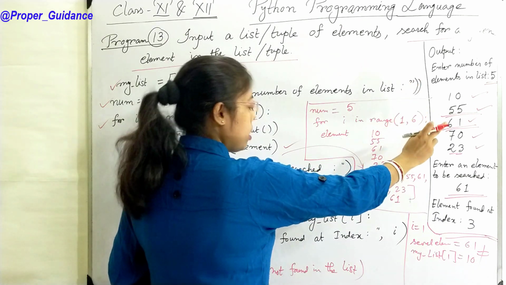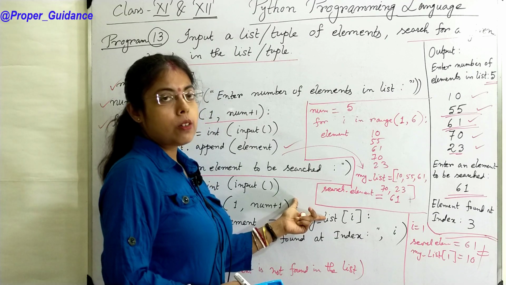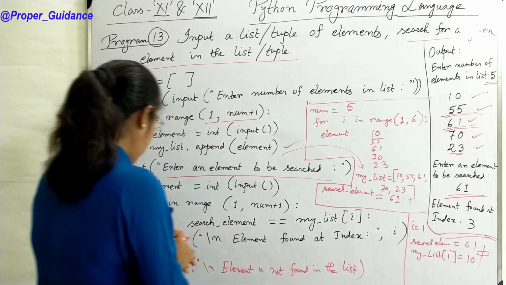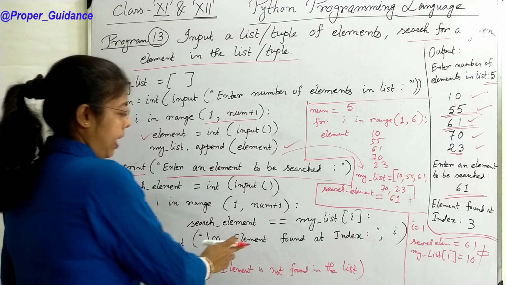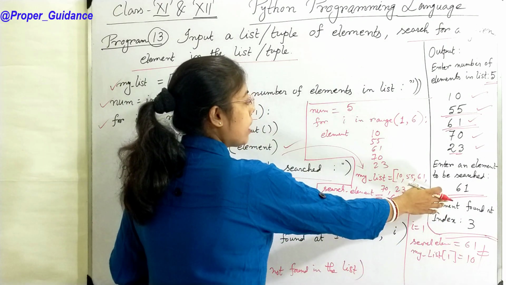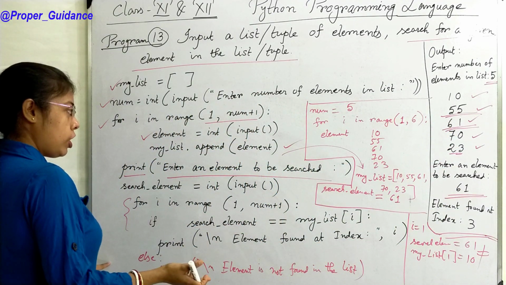At index number 3. Okay, so our program is completed for today's class. What is the answer now? Element found at index 3, that is the value of I, and we get the element here.